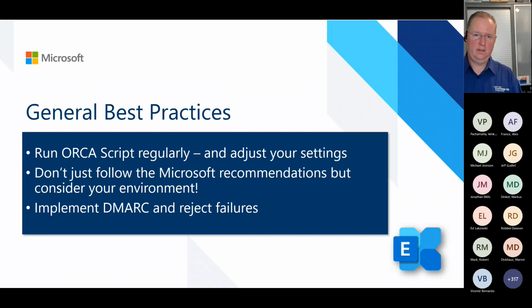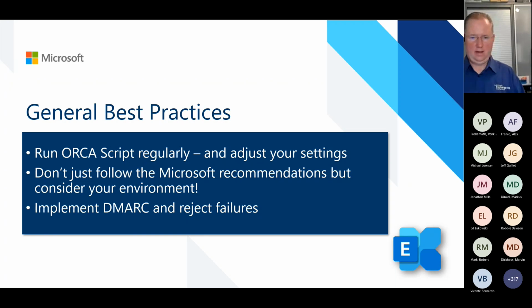So to summarize the general best practices, as I mentioned, we recommend to run the Orca script regularly. You don't need to run it on a weekly or monthly basis, but do it when configuration settings change, for example. Secondly, don't just follow the Microsoft recommendations, but consider your environment, which basically means make sure you know why Microsoft recommends something and make sure you know why you did not turn on this setting in the first place.